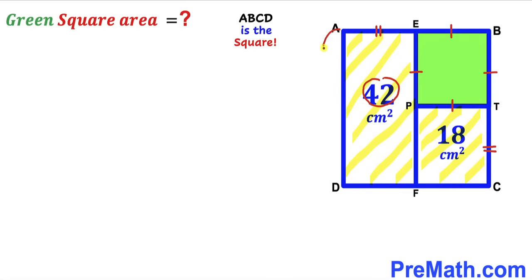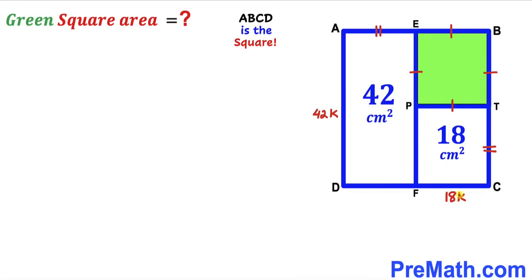So therefore this side length could be written as 42 times some constant k. And likewise for this rectangle PTCF, its area is 18. So therefore this side CF could be written as 18 times some constant k as well. And now our task is to find the value of this constant k.